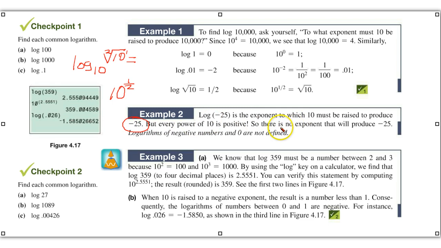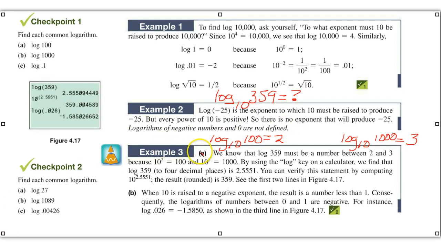So we say that there are no exponents that will produce a negative 25. Therefore, logarithms of negative numbers and 0 are not defined. So anytime you get a value that might give you a negative logarithm like this, that is not defined.